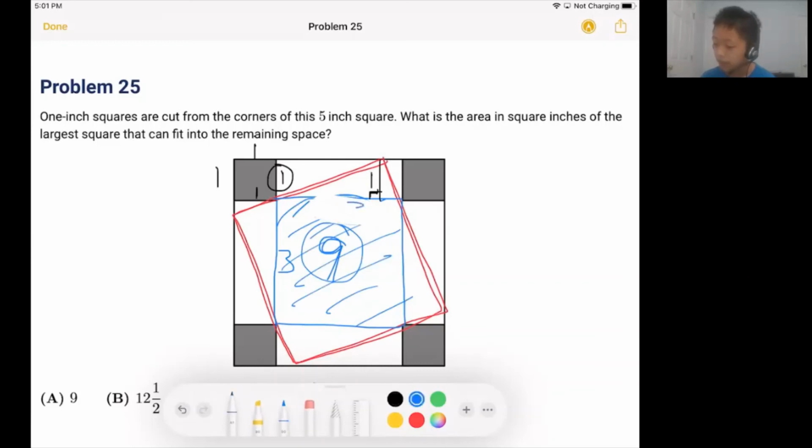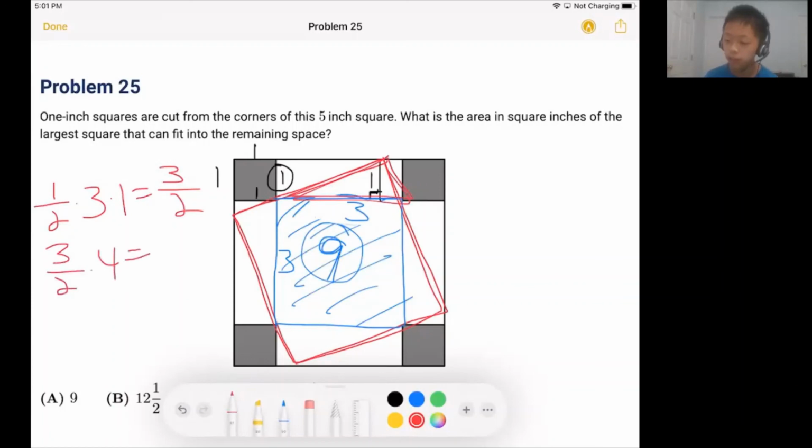To find its area, we do a half base times height, so 1/2 times 3 times 1, which is 3 halves. Since we have 4 of these red triangles, we do 3 halves times 4, which is equal to 6. So 6 is the sum of the areas of these 4 red triangles.